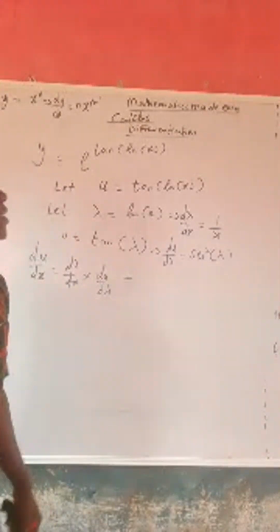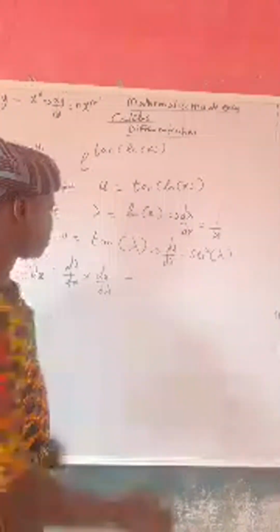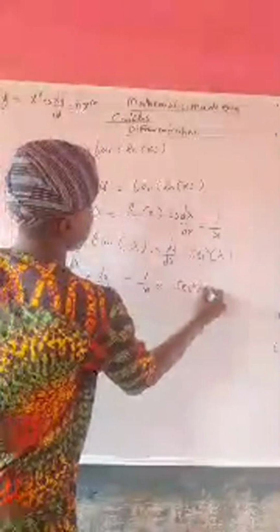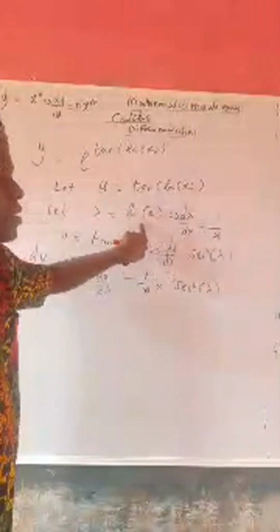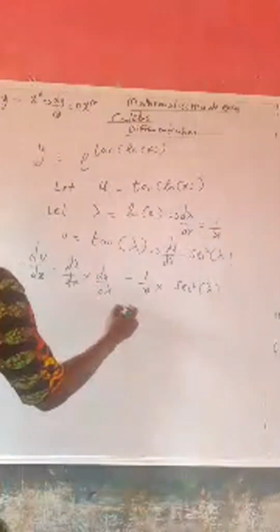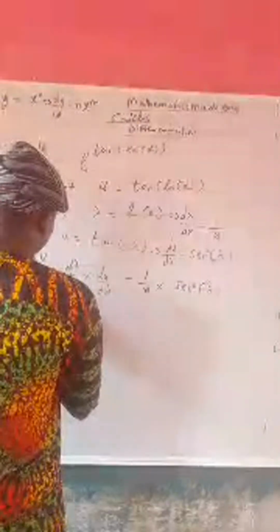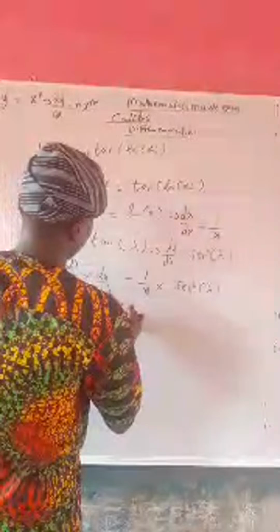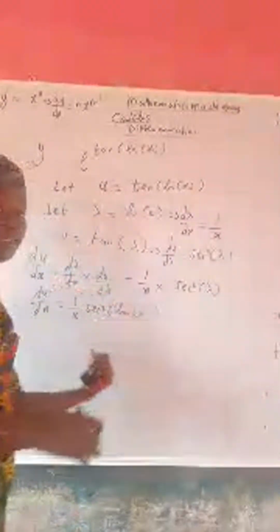What is d lambda dx? It is 1 over x. Then du d lambda is sec squared lambda, where lambda is natural log of x. So we have du dx equals 1 over x multiplied by sec squared natural log of x. That is du dx.